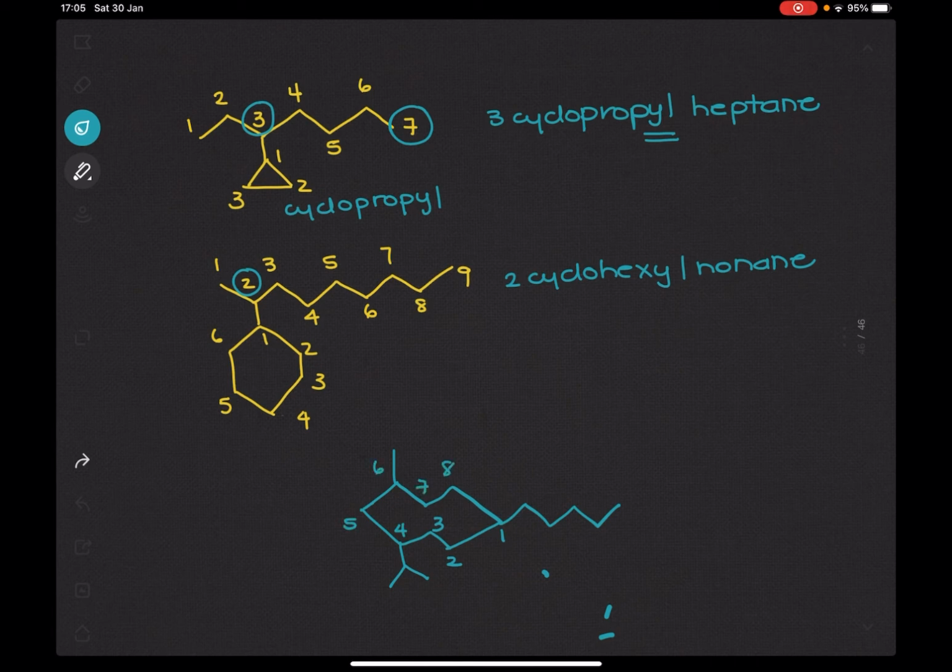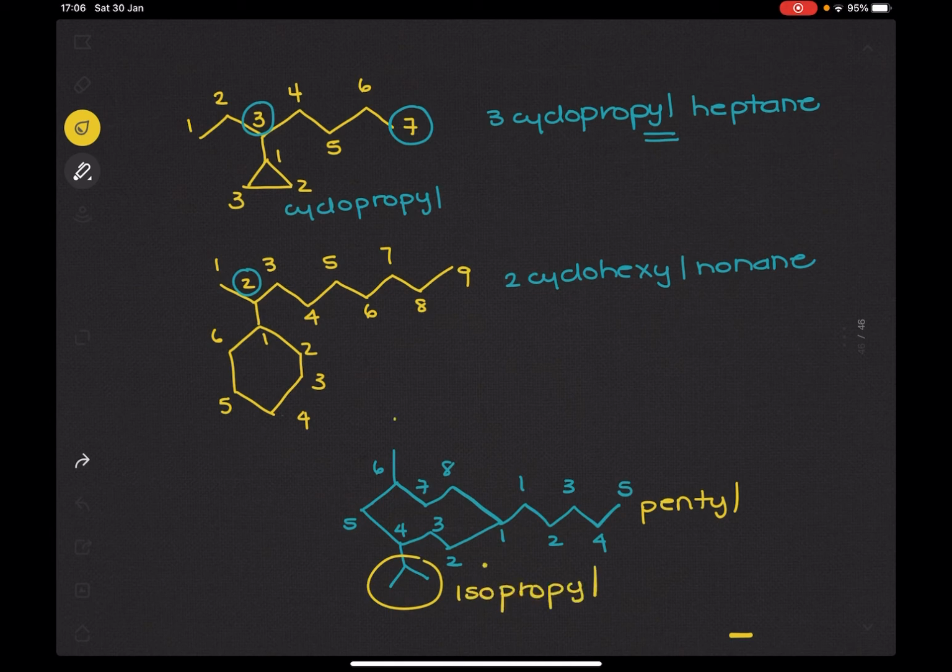So I have 8 carbons in my cyclo. I have 1, 2, 3, 4, 5. So that means that this 5-carbon chain is going to be a substituent, right? So here I have pentyl. Let me change colors. I have pentyl. Here I have an isopropyl. Here I have a methyl.